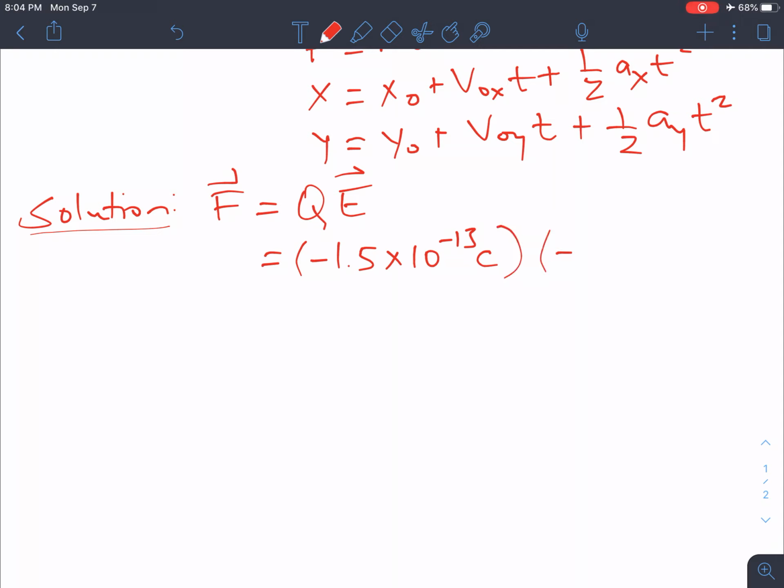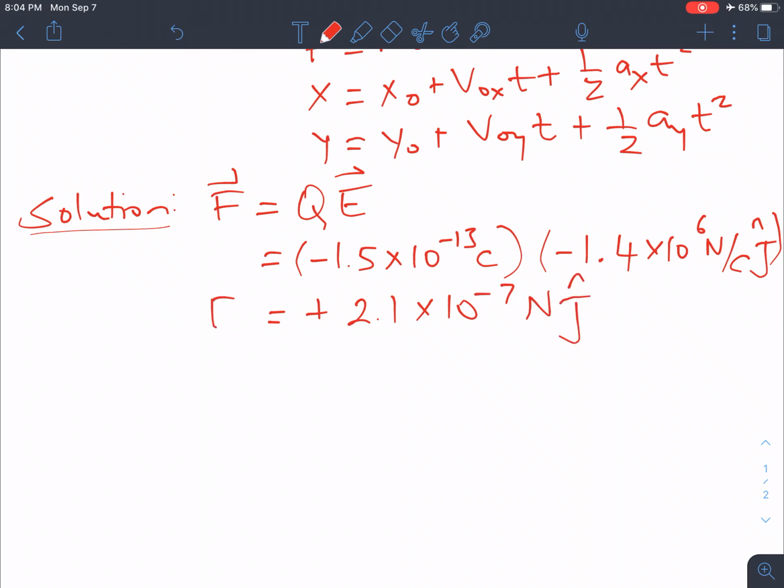And the electric field in vector form, negative 1.4 times 10 to the 6 newtons per coulomb J hat. And that gives us the force direction. Two negatives multiplied, we get positive. That's why it is opposite direction to the electric field. Because force is positive, electric field is negative direction. And 2.1 times 10 to the negative 7 newtons. So that is the force, and that's the electrostatic force.